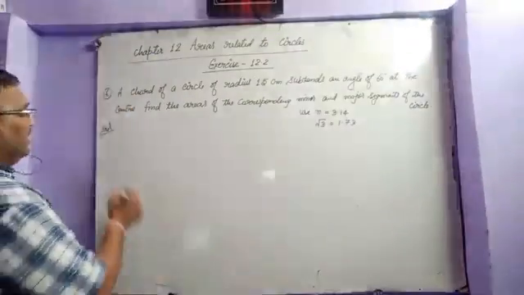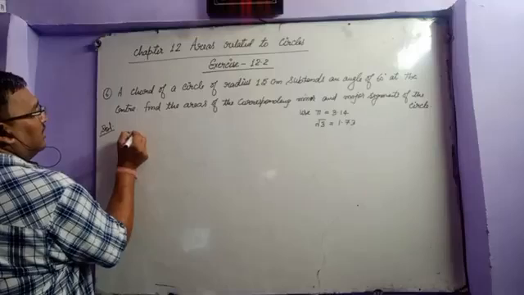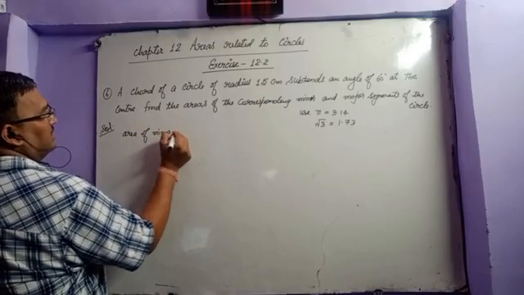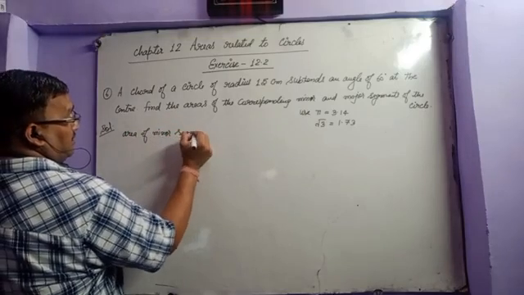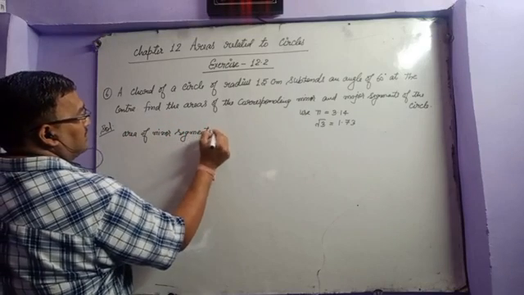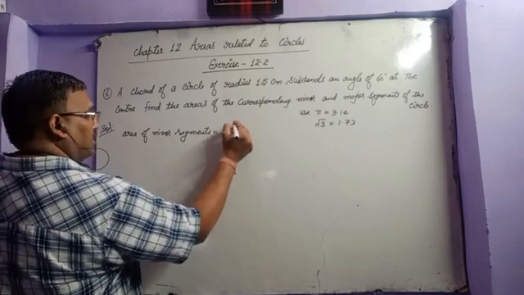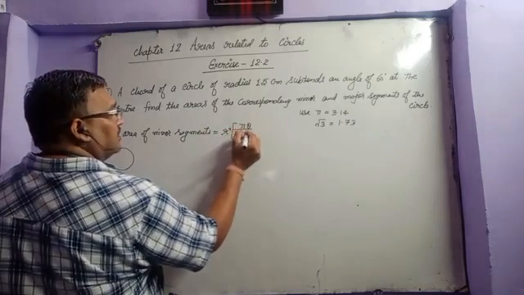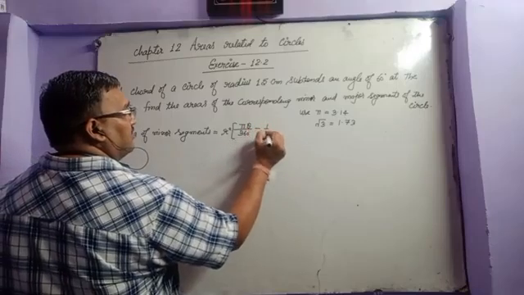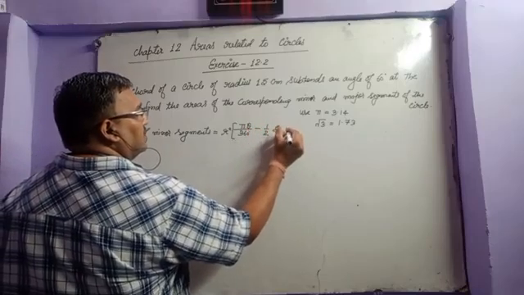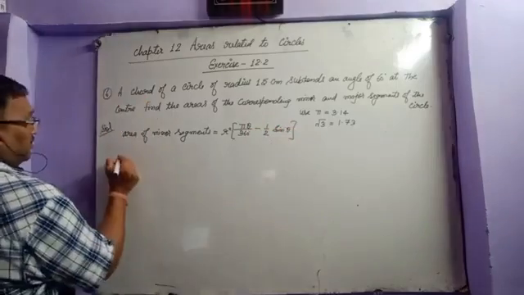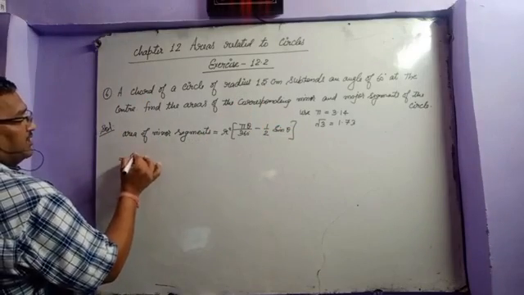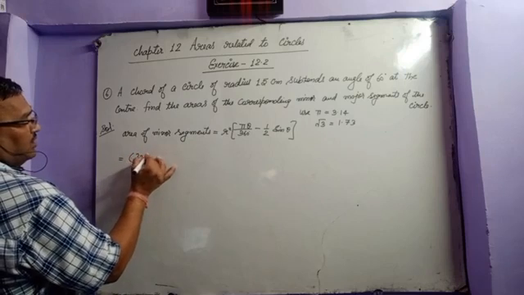So first of all, I am writing the formula for the area of the minor segment, and it is r square times theta by 360 minus 1 by 2 sin theta. The radius r is given as 15, so we write here 15 square, that is 225.